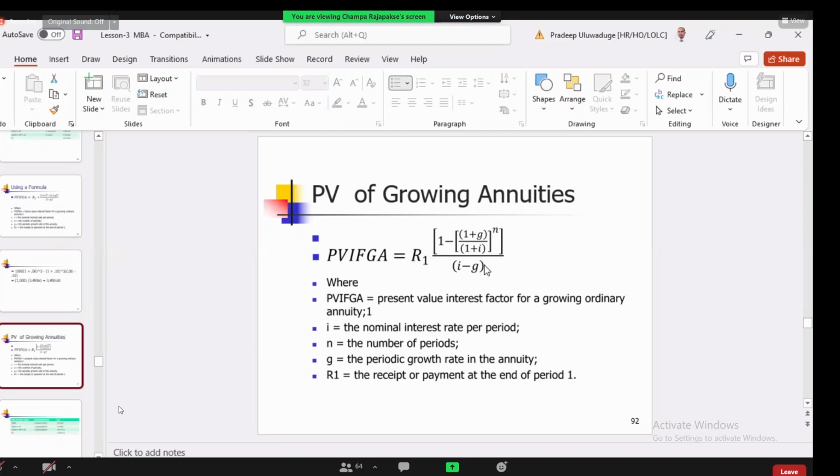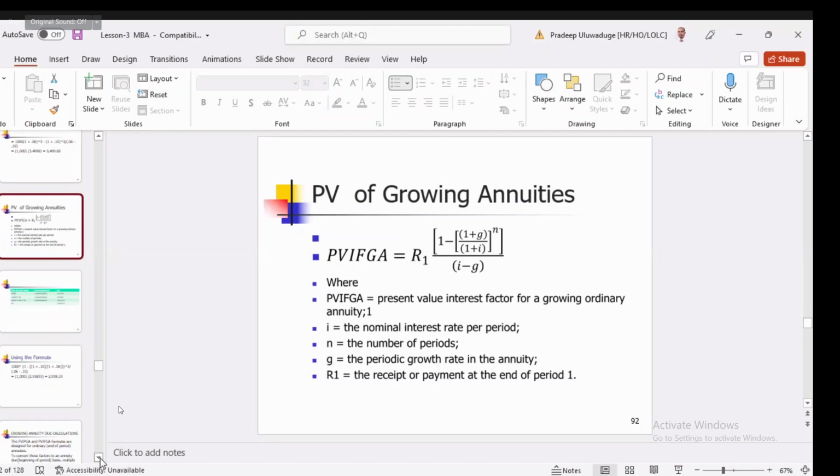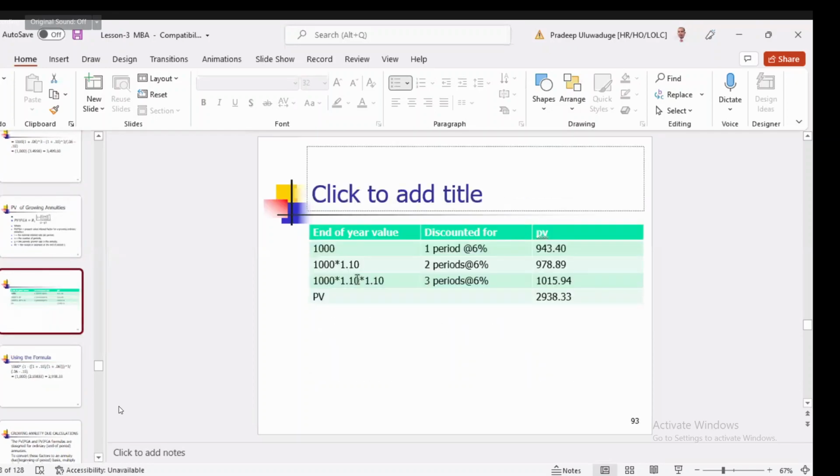If we take the same example, 1,000 rupees is the first payment, 1,100 was the second payment, 1,210 was the third payment.